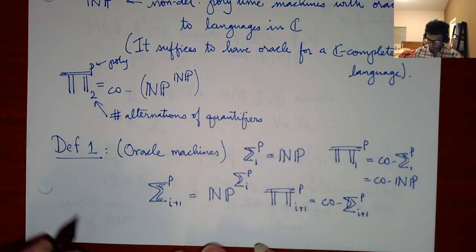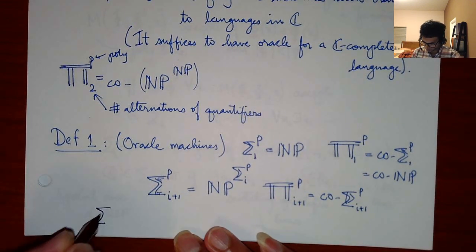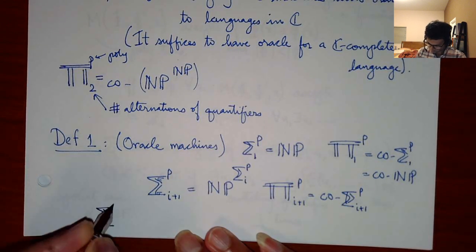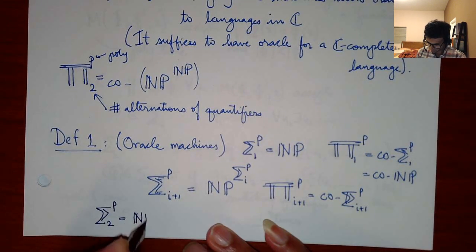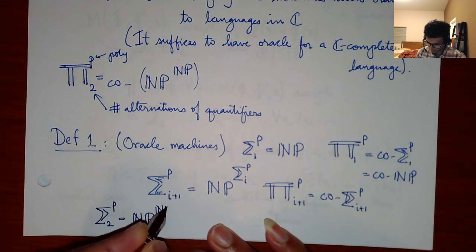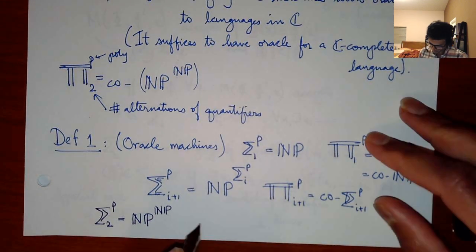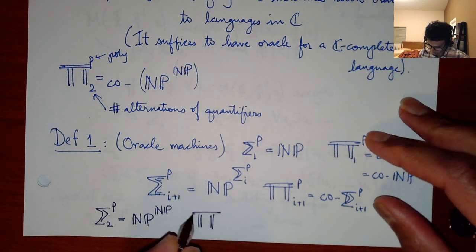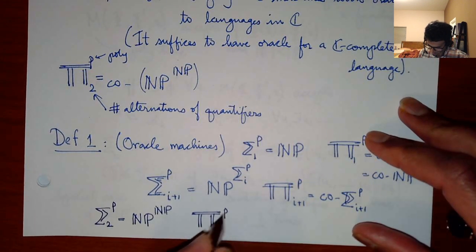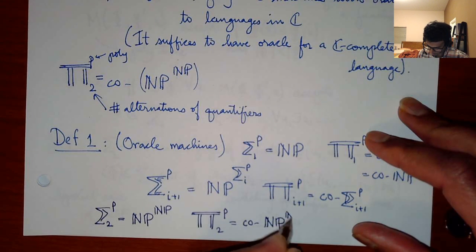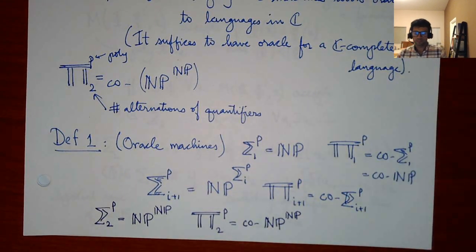For example, the important class sigma 2 is also written as NP to the NP, and pi 2 is co-NP to the NP. So that is sigma 2 and that is pi 2.